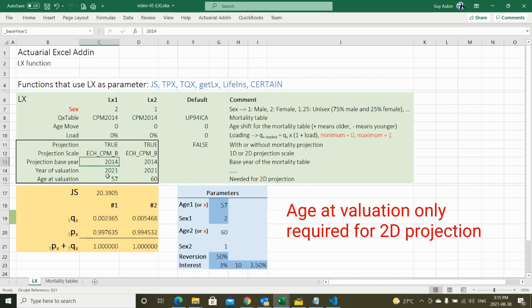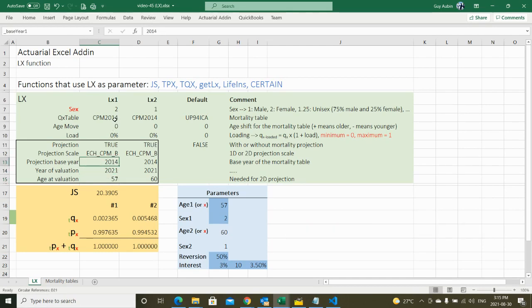So for the projection base year, here I'm using the CPM 2014 table, so the projection base year would be 2014, and I'm currently in 2021, so that's the year of valuation. And for age at valuation, I assume that's the same as the age that I've entered here in my parameters. So my annuitant, for example, I've used 57 as his age, and it would also be his age at valuation. And I've done the equivalent for the LX2, which would be the parameters for my co-annuitant.